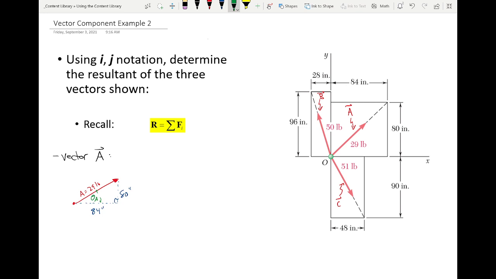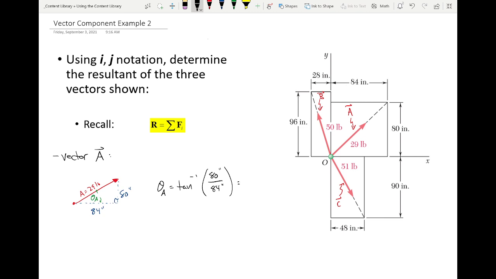We're going to use 80 inches and 84 inches. So theta A is the inverse tangent of, is it 84 over 80 or 80 over 84? There you go, 80 inches over 84 inches.